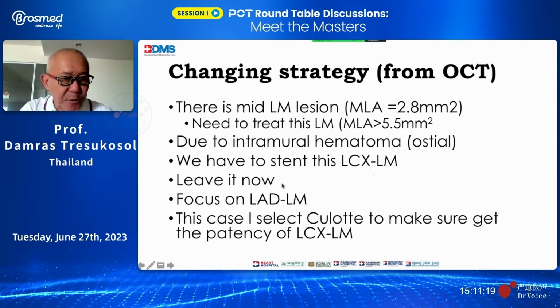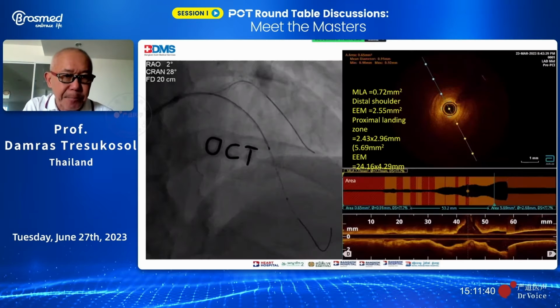But I plan to leave it right now, and we focus on LAD to left main first. In this case, I select culotte to make sure I get patency of left circumflex and left main, instead of the more favorable DK crush. I use culotte because I want to secure the ostial circumflex hematoma.